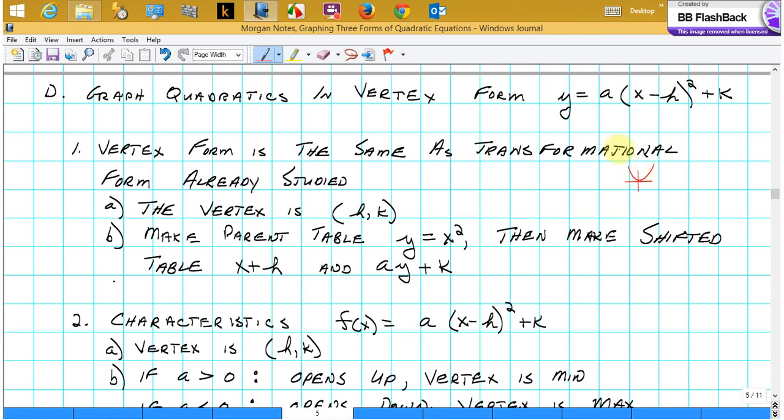That would be like saying a times 0. So really, the vertex is going to shift just to hk, wherever it is. The vertex becomes hk. So I can find the vertex just by looking at the equation. It will be at hk. Okay, so that's how you're going to plot this, and you'll see that in just a second.